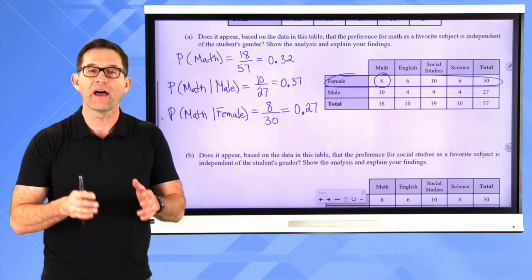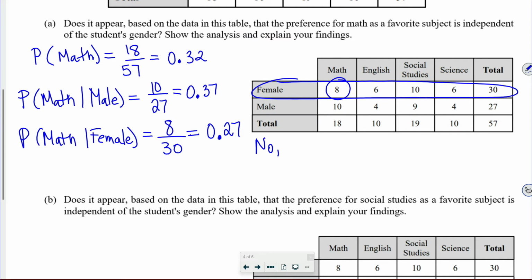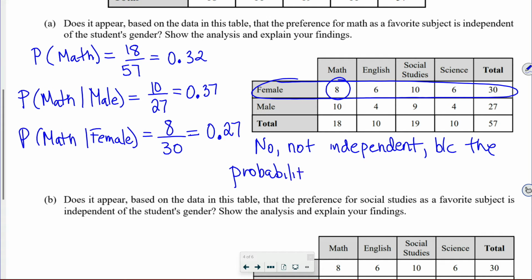It's not independent. So I'm going to say that no, not independent, because the probability changes depending on gender.